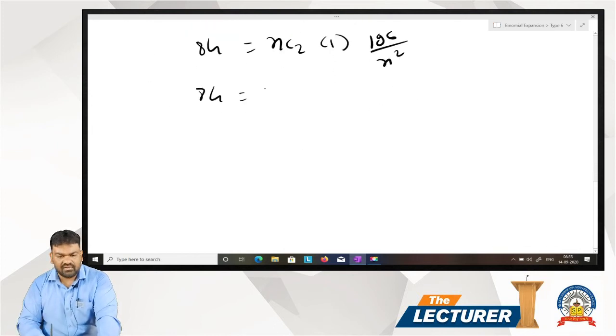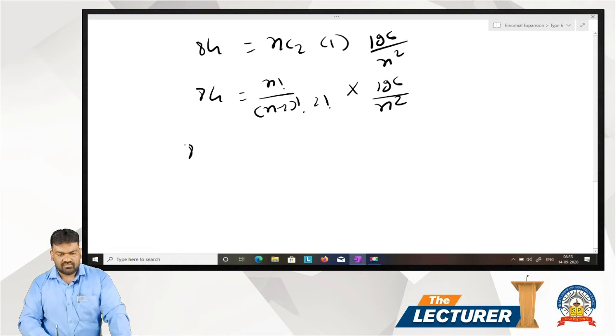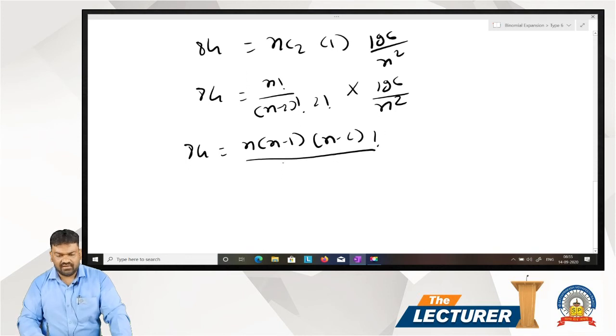So 84 is equal to nC2. What is nC2? That is n factorial upon n minus 2 factorial multiplied by 2 factorial, multiplied by 196 by n square. So 84 is equal to n minus 1, n minus 2 factorial divided by n minus 2 factorial multiplied by 2, 196 divided by n square.